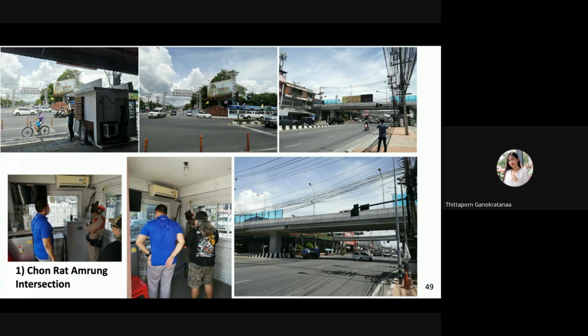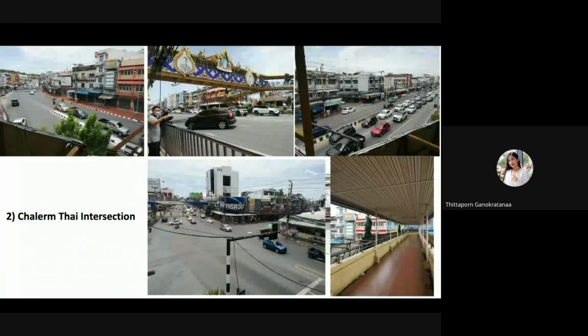Our system detects and localizes faces, recognizes the face and also the license plate, and detects abnormal events. We have worked with the police in Chonburi and also Chanthaburi province in Thailand, and we got funding from the government to do this.